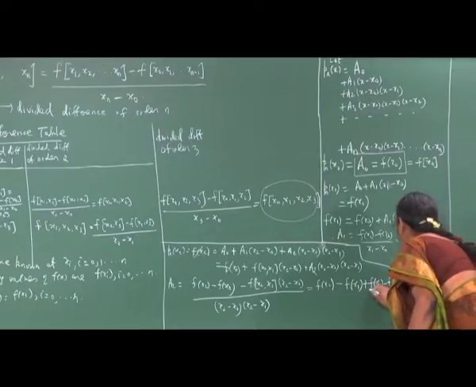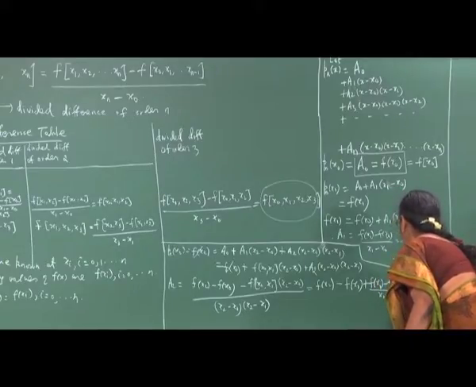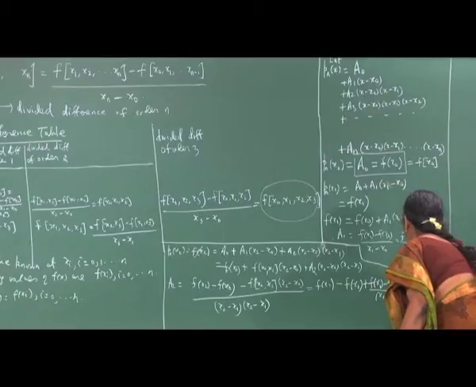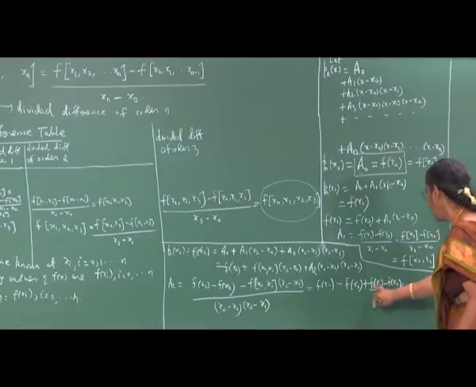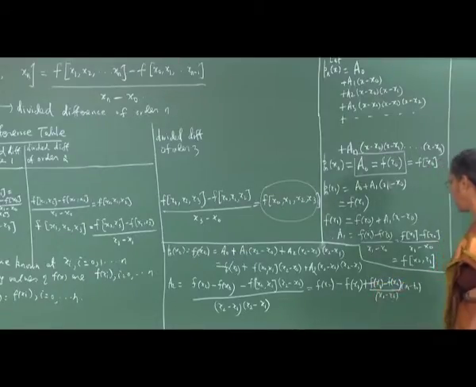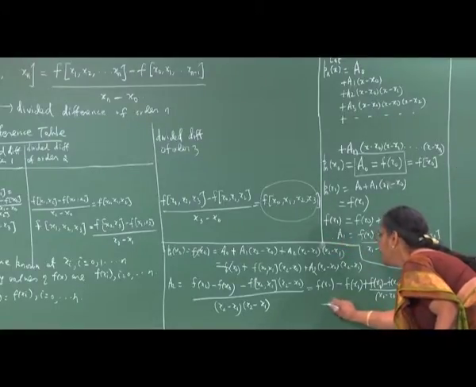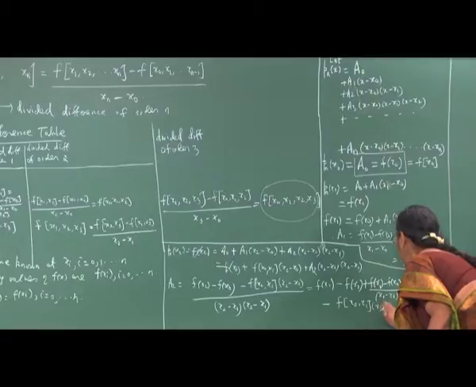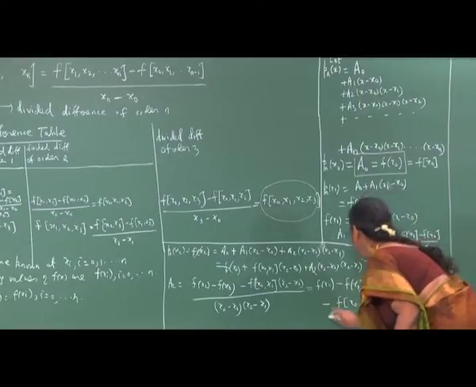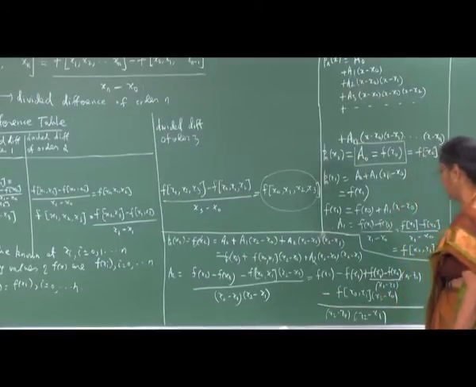Then minus, what I do is, I shall take this part, I divide by x1 minus x naught and multiply by x1 minus x naught. So, I have not done anything except that I have added the term f of x1. The other terms remain as they are. So, then I have minus f of x naught x1 multiplied by x2 minus x naught, that is this term. The whole thing is divided by x2 minus x naught into x2 minus x1.